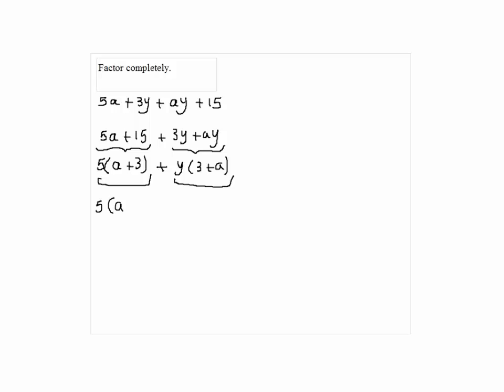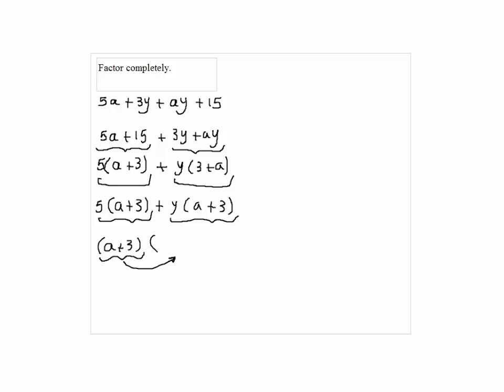We have 5 in common between the first 2 terms now. If I factor the 5 out, I would get a plus 3. And I would have y in common between those 2 terms. So we get 3 plus a.